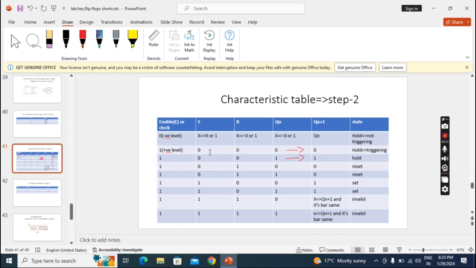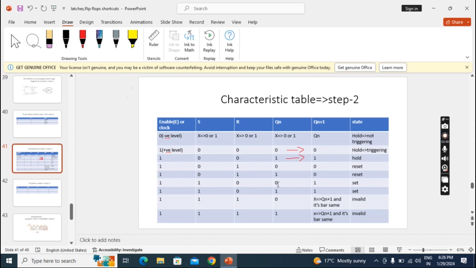So how to write this S value, R value, Qn value, we'll see. Suppose there are two inputs, meaning 4 combinations, 0 0, 0 1, 1 0, 1 1 will come. So Qn can be 0 when inputs are 0 0, or it can be 1 also when inputs are 0 0. And Qn can be 0 when inputs are 0 1, or it can be 1 also when inputs are 0 1.